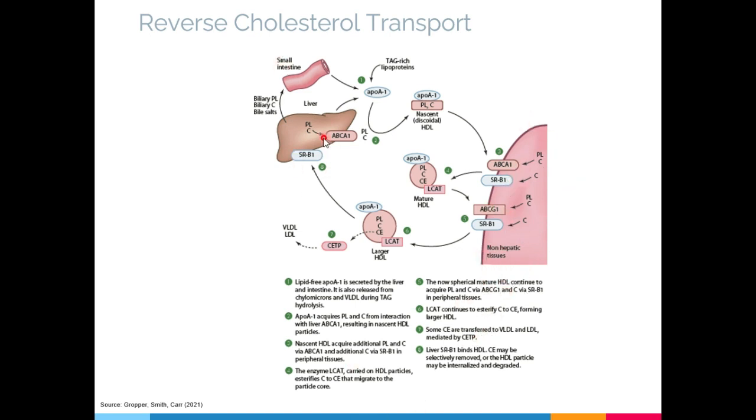So, para makaproduce og nascent, ang cholesterol dapat magikan sa liver. But para mag-mature ang nascent into mature HDL, kinahanglan nga ang HDL magkuha og additional phospholipids from non-hepatic tissues.